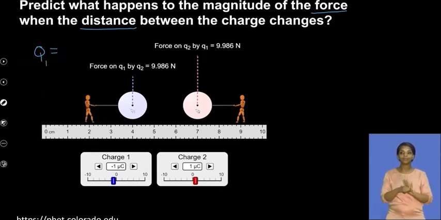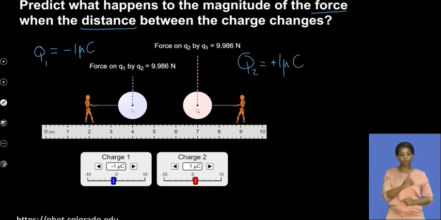So Q1 in this case is given as -1 microcoulomb, while Q2 in this case is +1 microcoulomb. So these are essentially opposite charges, right? So in other words, there is an electrostatic force that exists between them, and the distance between them, measured from those two imaginary lines, is actually 3 centimeters, okay?